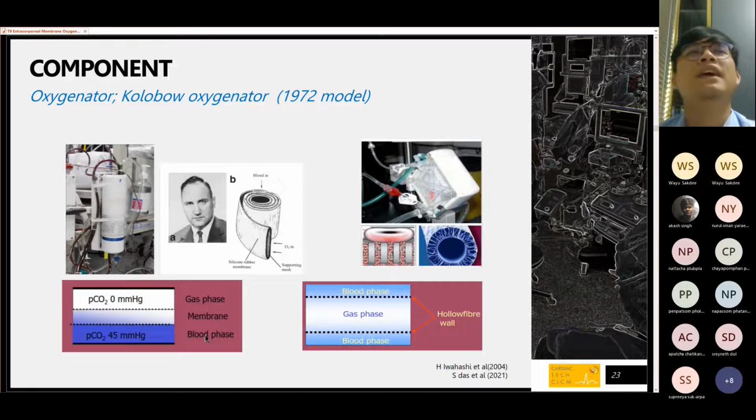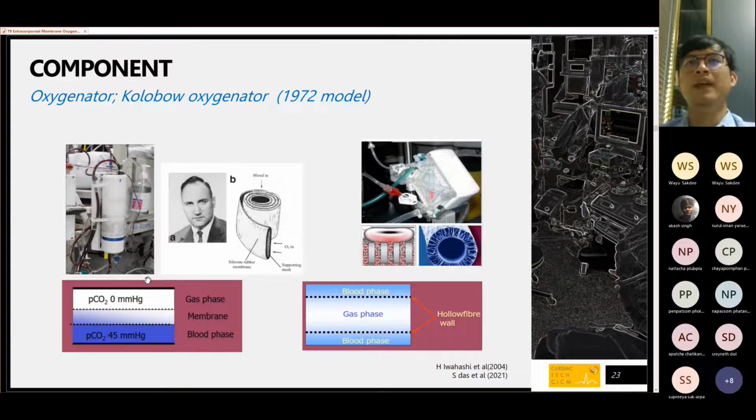So let's say there is only one phase for gas exchange. You're going to need a huge oxygenator. That means you need more priming solution, which can cause more hemodilution and also a lot of blood transfusions.